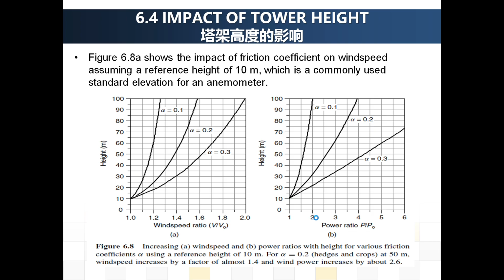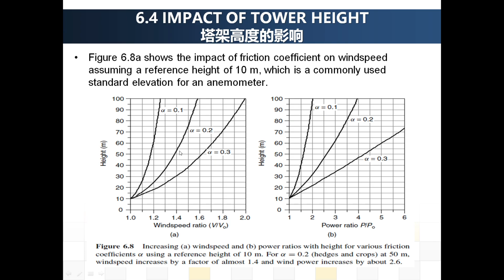As we can see from this figure, as the friction coefficient increases, at the same height, for example 50 meters, for the friction coefficient alpha equal to 0.1, the wind speed ratio is about 1.18.